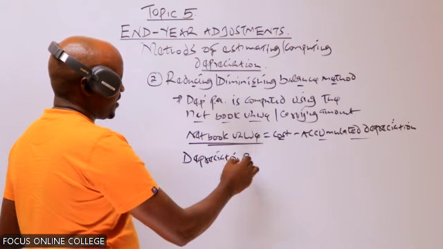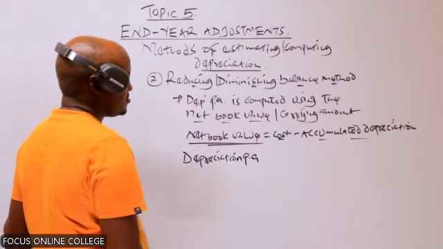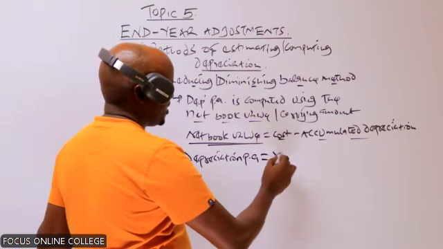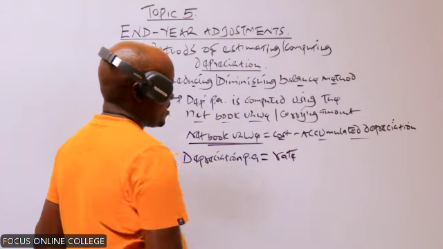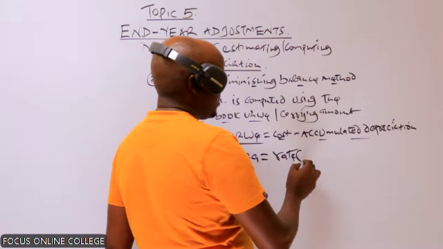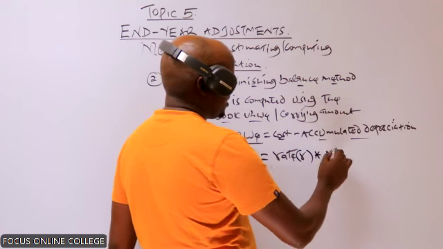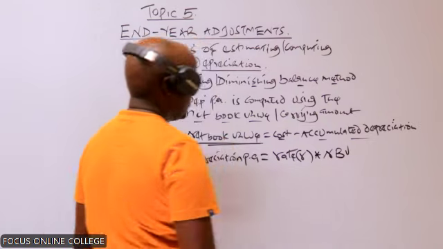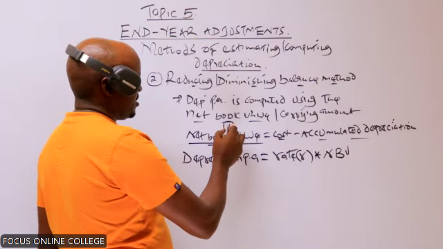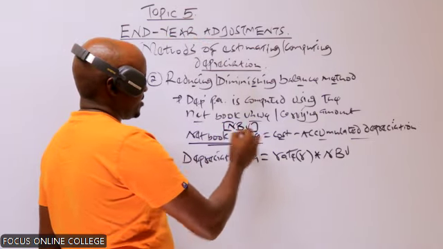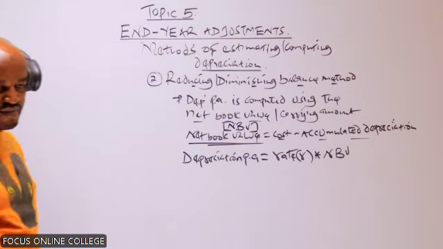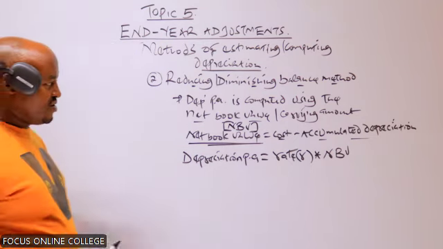The depreciation of an asset per annum is equal to the rate of depreciation, which we can denote with R, times the net book value, which we denote as NBV.